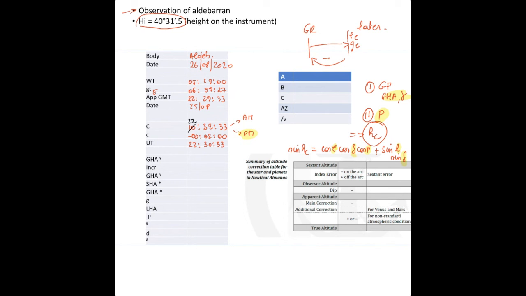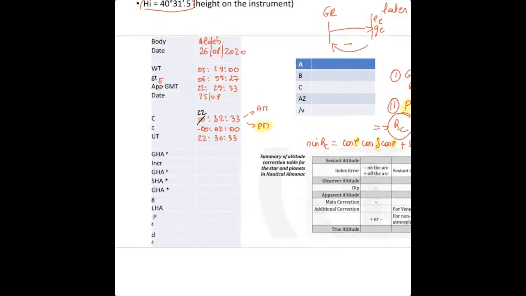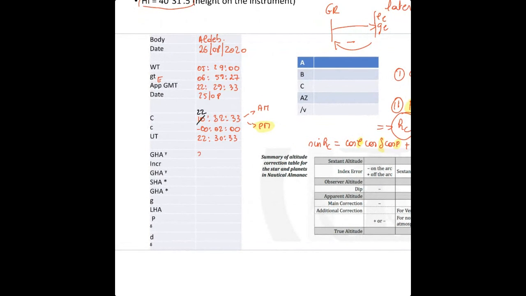So first, we are calculating the GHA for a star. So we start from the GHA for Aries. If you take a look in the nautical almanac, you will see that this is 304, 37.2. We have to add increments because this is the observation at 2200, but we need to add increments for our 30 minutes, 33 seconds.